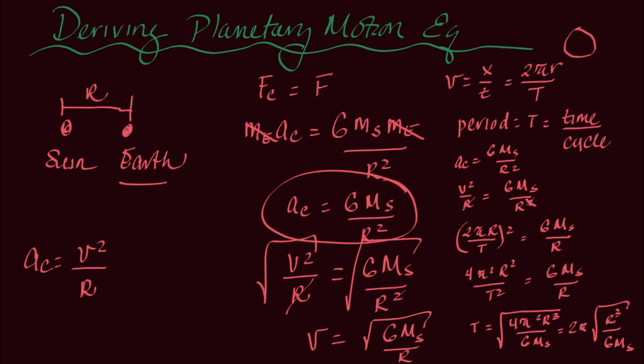It only depends on the central object. So here's the formula for a period. Here's the formula for the velocity to maintain its orbit. Here's the formula for gravity or centripetal acceleration or gravitational field.